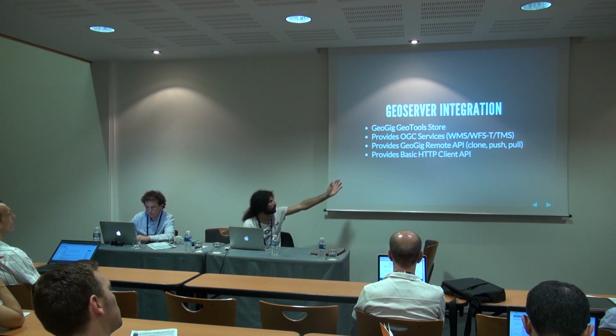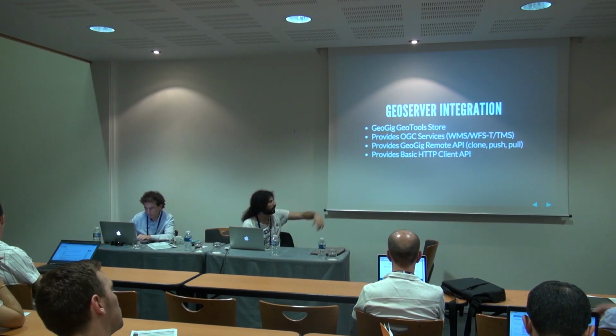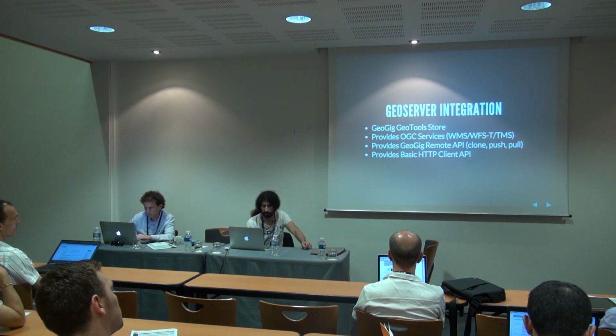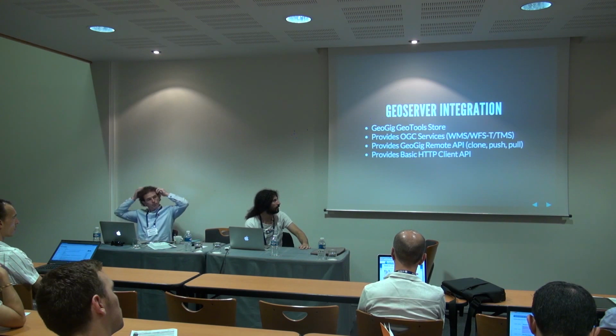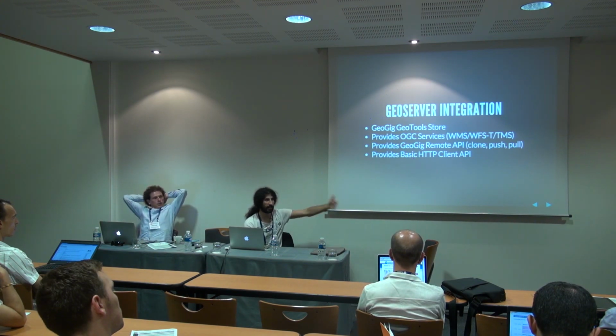Like particular OGC services, that means that you can serve actually a map, a styled map, or a WMS. You can actually serve the features themselves, the vector features, through a WFS service, but also you can serve through WFS-T. That means that on the client side, you can actually call your server to edit the data. So you can make new versions of your data, right, on that repo that is behind your GeoServer.